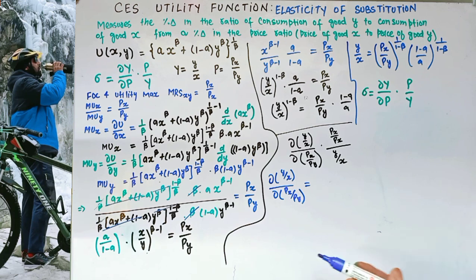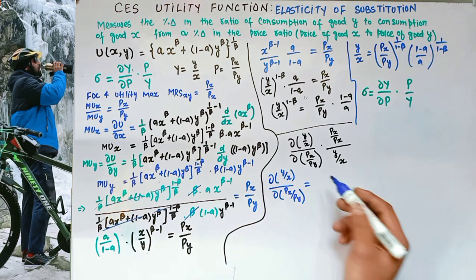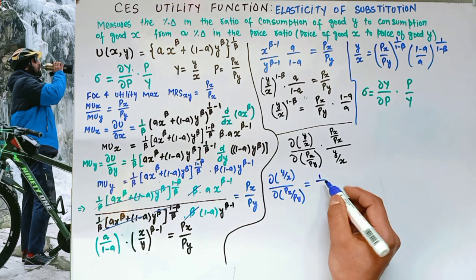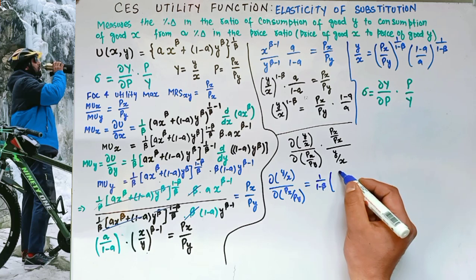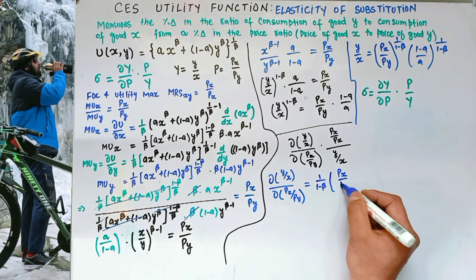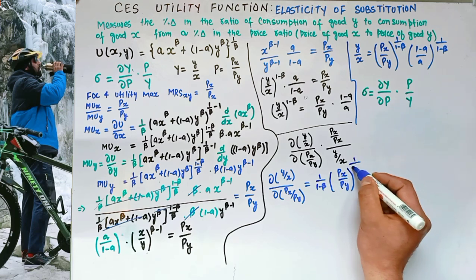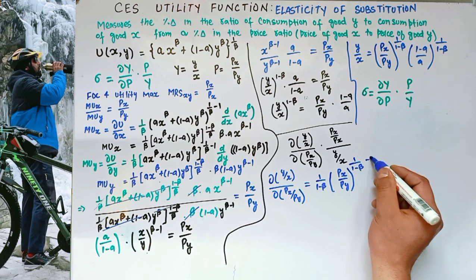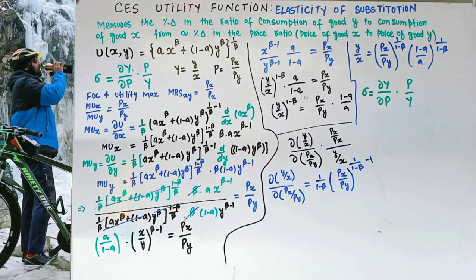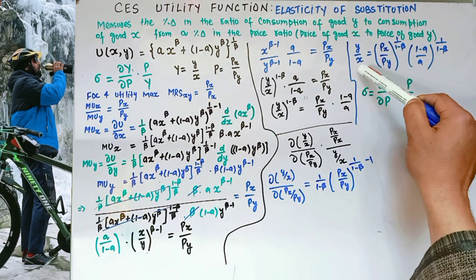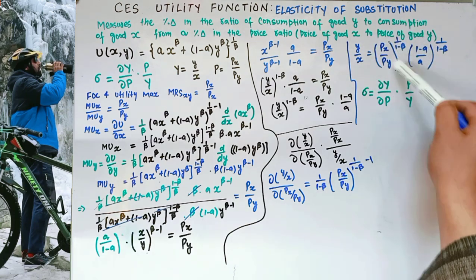Again, by the power function rule, 1 upon 1 minus beta will become the coefficient, then we have px upon py raised to the power 1 upon 1 minus beta minus 1. I have simply taken the derivative of y upon x with respect to px upon py.